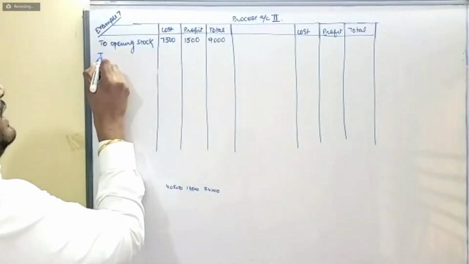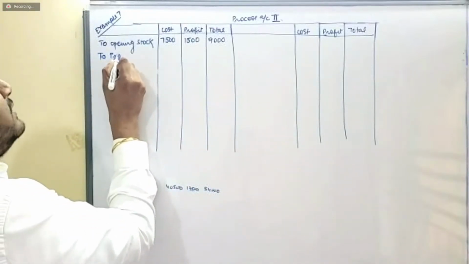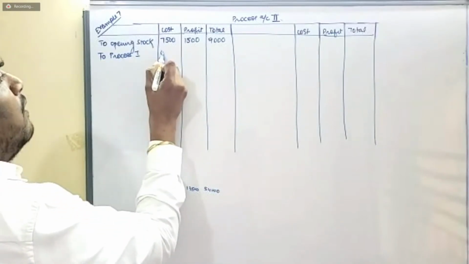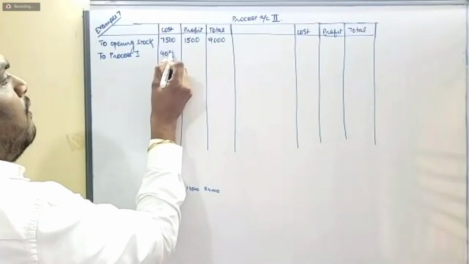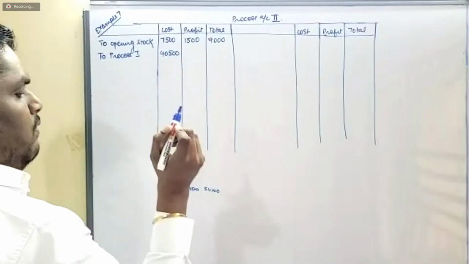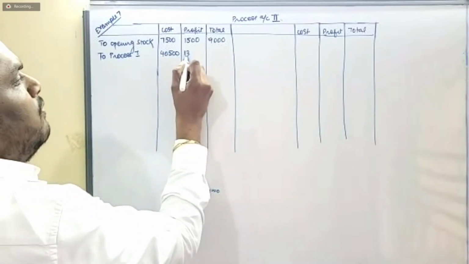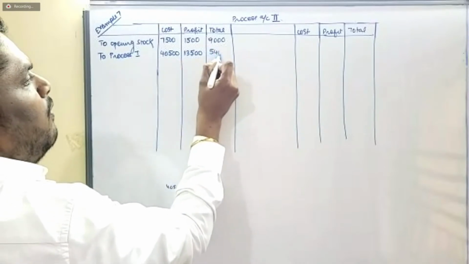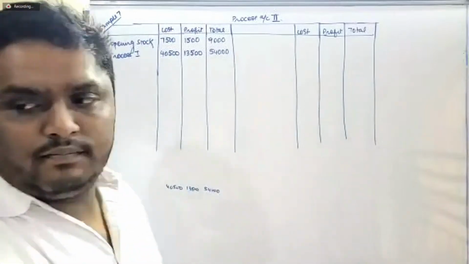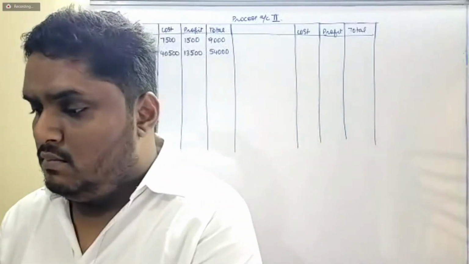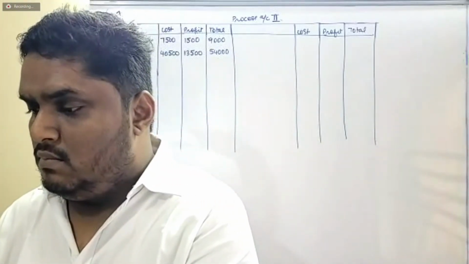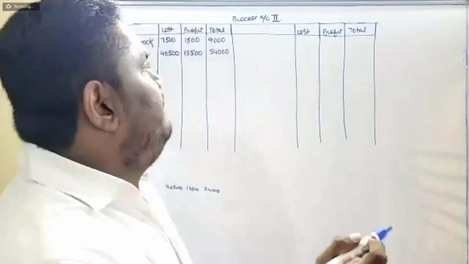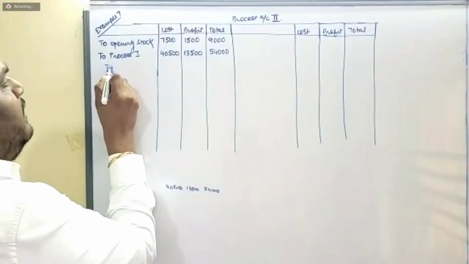Now we'll write whatever we have received from process first. Now material is 15,750. So 2 material.